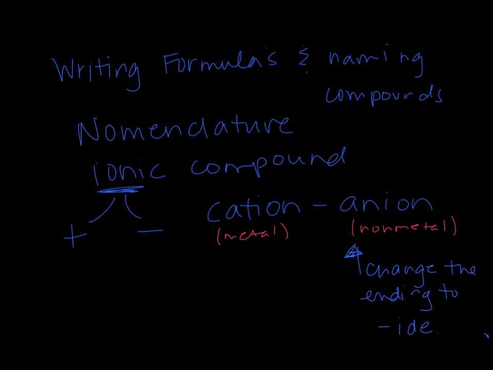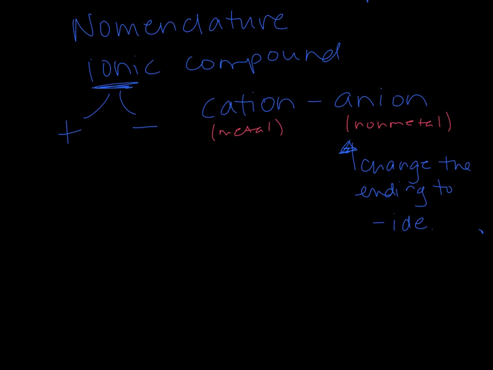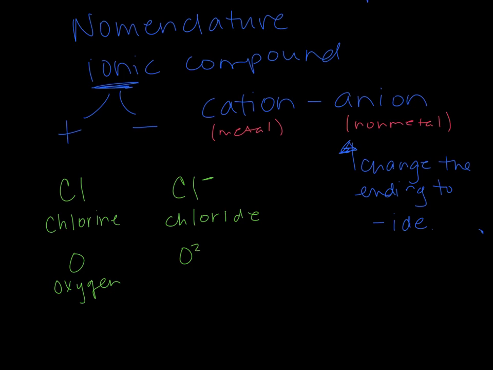So if we have, let's say, chlorine, this is chlorine. Then this, with its charge on it, since it's the anion, would change to chloride. And this is oxygen. So with the negative charge, it becomes oxide.